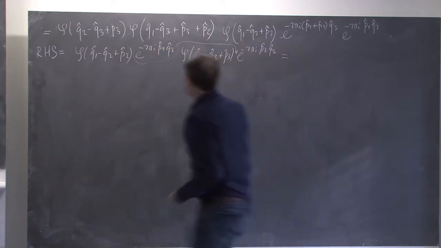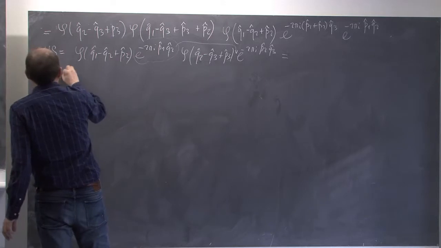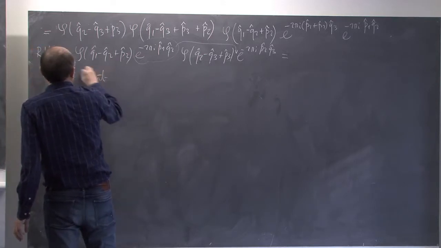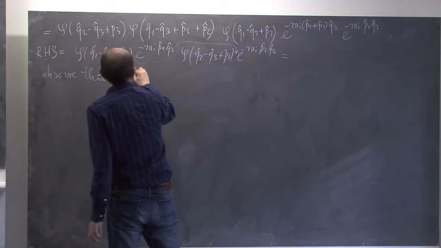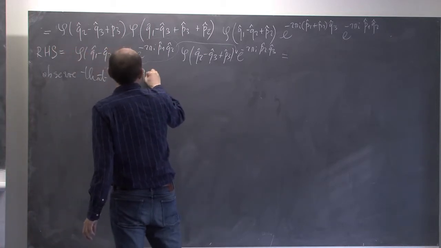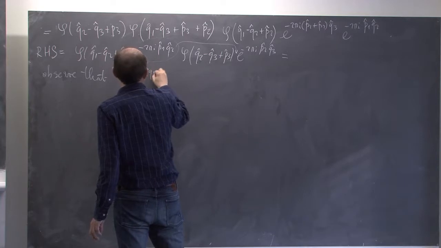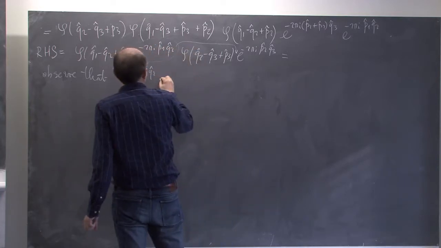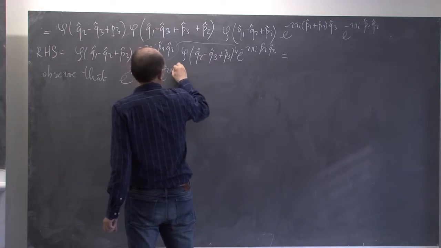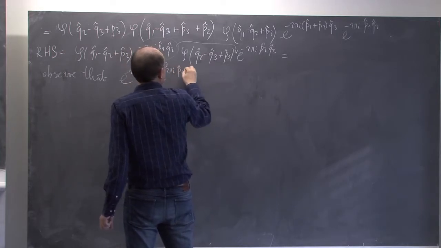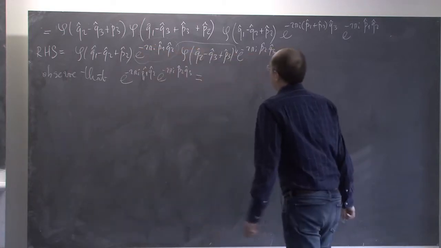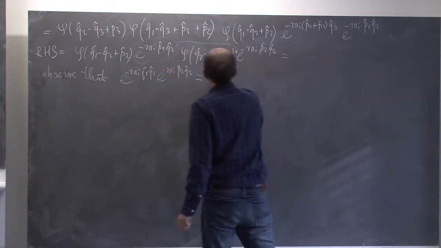And now observe that e^(minus 2 pi i P1 hat Q2 hat) times e^(minus 2 pi i P2 Q3) is equal to that.